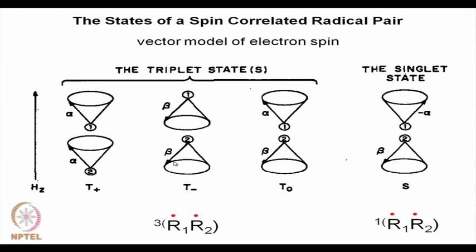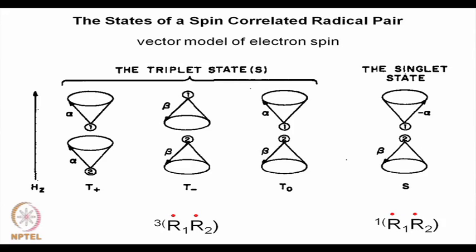So let us look into radical pairs, spin correlated radical pairs. There may be uncorrelated radical pairs, but we are not interested in that. We are interested in those radical pairs which maintain the correlation.